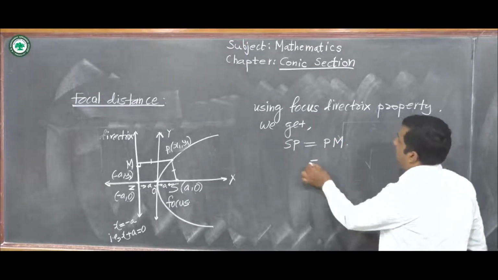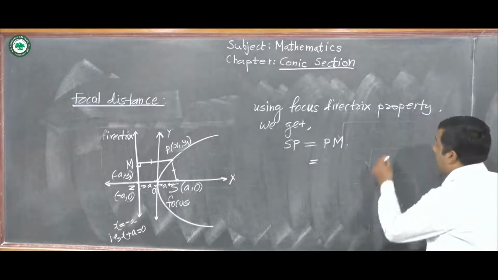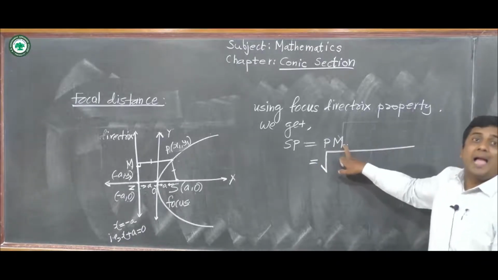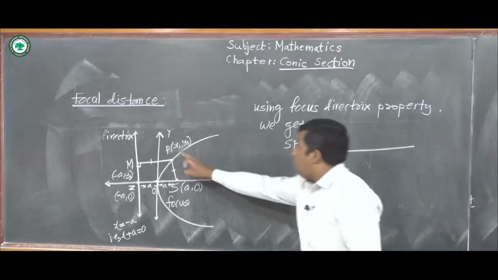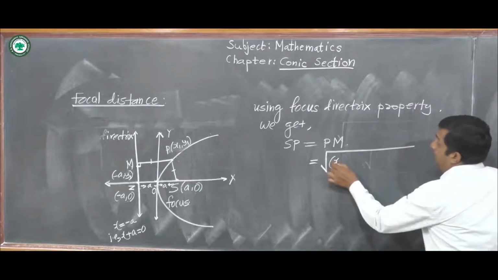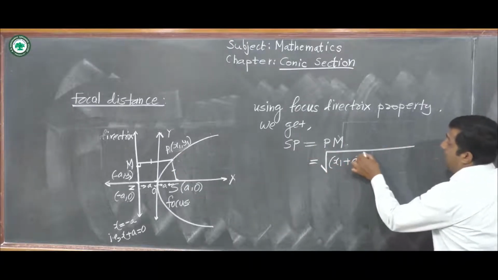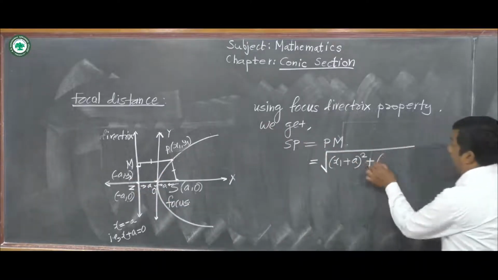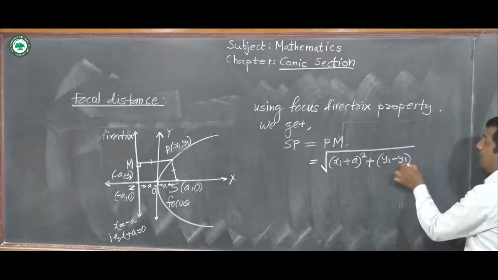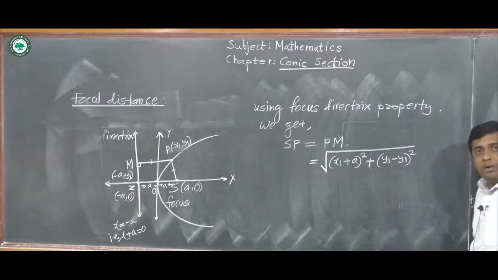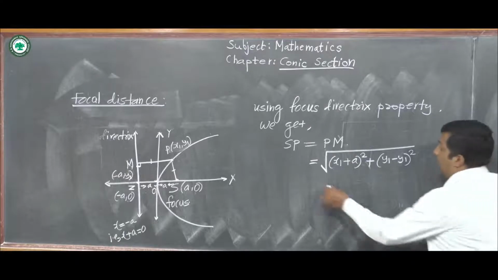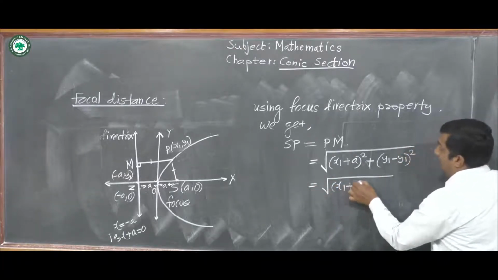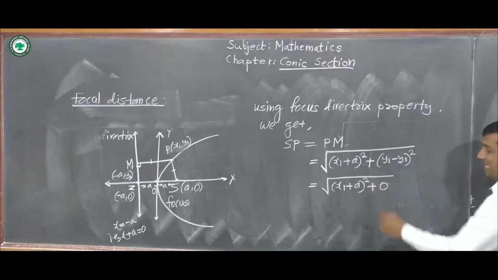Let's define PM by using the distance formula, for which we know the coordinates of point P and point M. So we get the square root of (x1 + a) squared plus (y1 - y1) squared. We know y1 - y1 is 0, so this is equal to the square root of (x1 + a) squared plus 0.